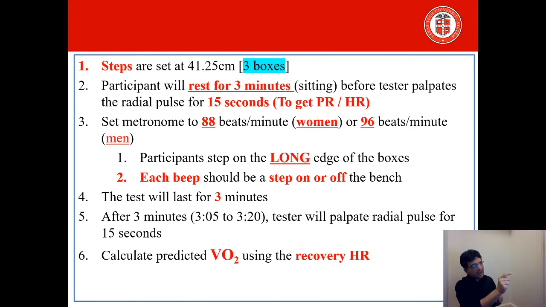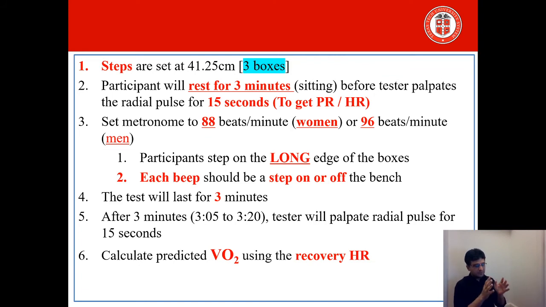The point highlighted in red says that each beep should be a step on or off the bench, which means that if you hear a beep, the person will step on the box. Once he hears the next beep, he gets off the box. So with each beep, he is either climbing on or getting off the box. And this exercise is going to continue for 3 minutes.